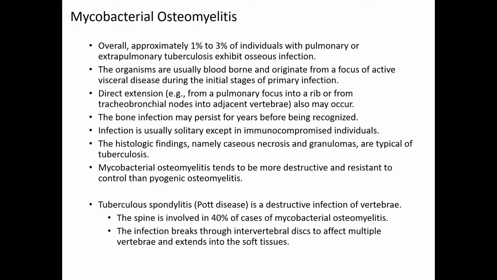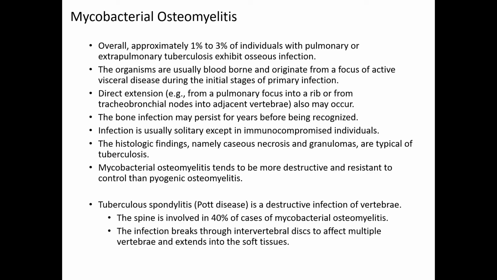The organism usually blood-borne and originate from a focus of active visceral disease during initial stage of primary infection. Direct extension from pulmonary focus into the rib or from tracheobronchial node يعني lymph node into the adjacent vertebra may occur. The bone infection may persist for a year before being recognized.